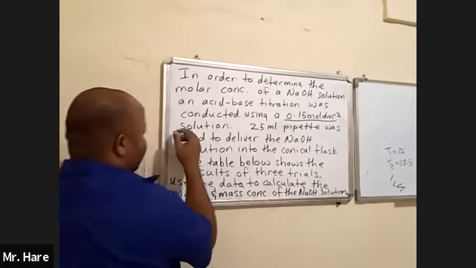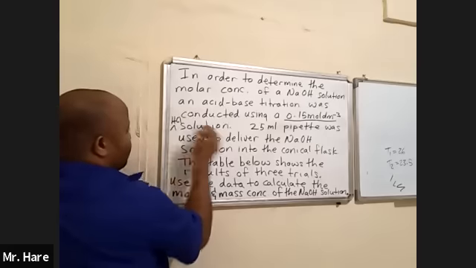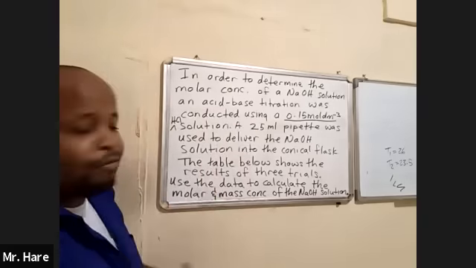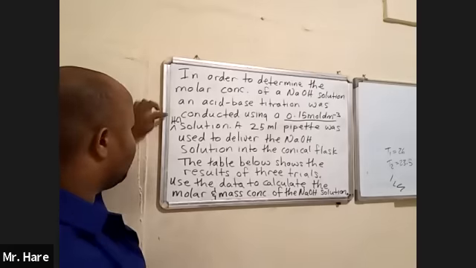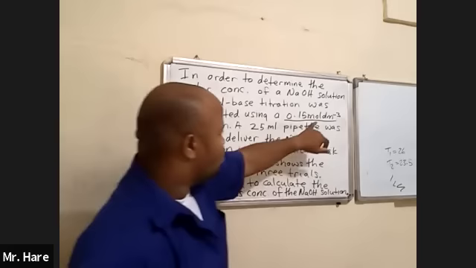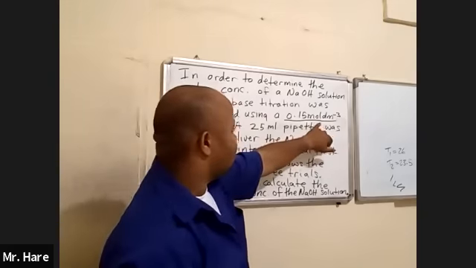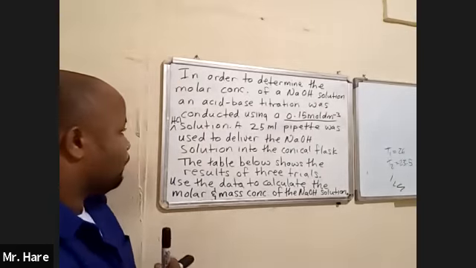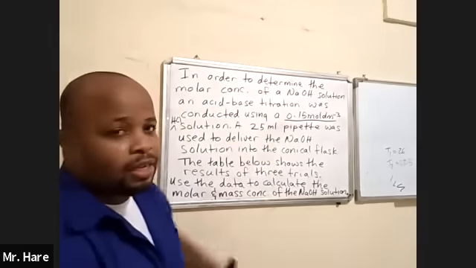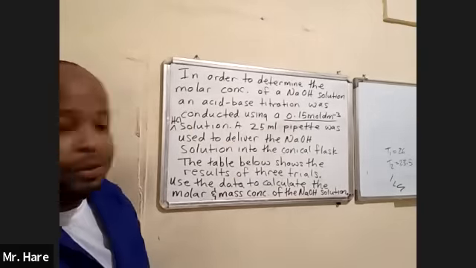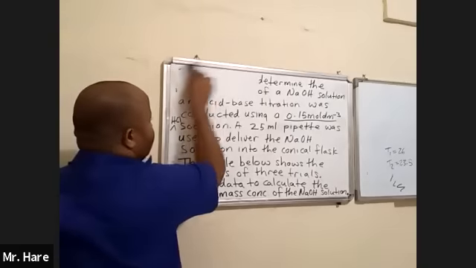It should be HCl solution. Right? So using a 0.15 moles per dm cube hydrochloric acid solution. So moles per dm cube, that is the unit for what? Concentration. Right. So at this point, they gave us the concentration of the hydrochloric acid solution. So let us make a note of that.